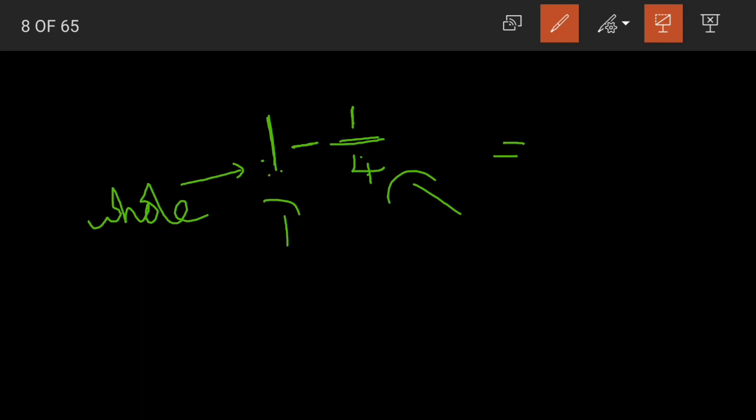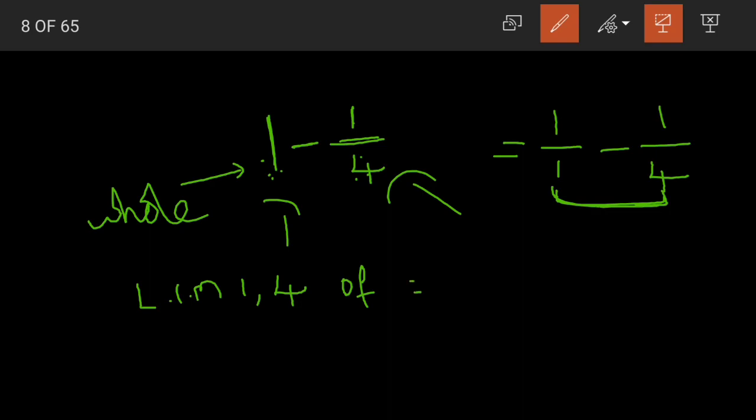This is a subtraction of a whole number and a fraction. How will we do that, children? We'll consider 1 as 1/1 minus 1/4. Here the denominators are different. So if we take the LCM of 1 and 4, if you remember, LCM of 1 and any other number will be the number itself.